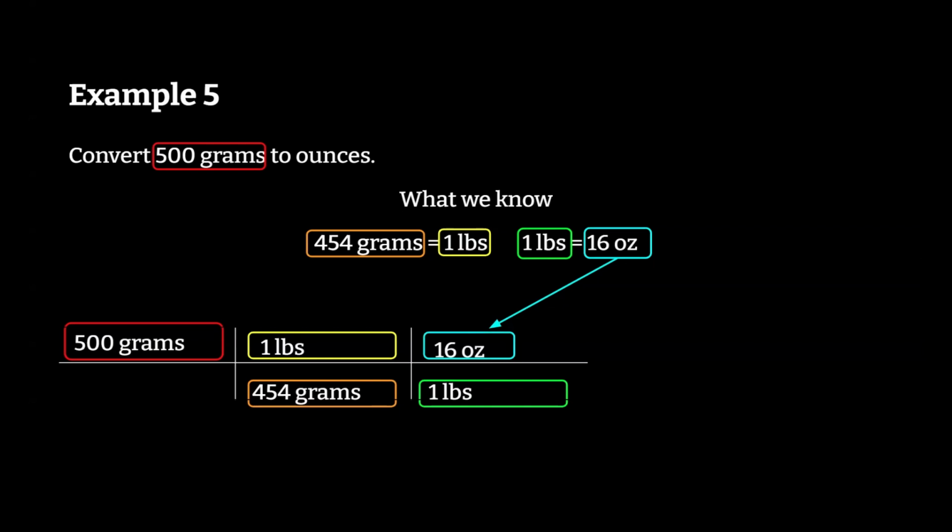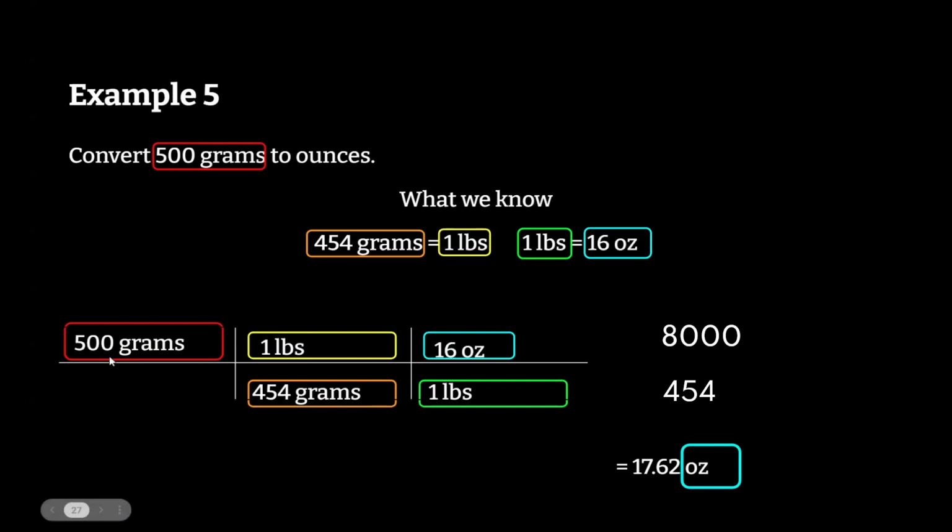We will multiply the top, multiply the bottom, and then divide. So 500 times 1 times 16, we will get our answer. 454 times 1, and then we will divide the top and bottom. And we will get around 17.62 ounces.